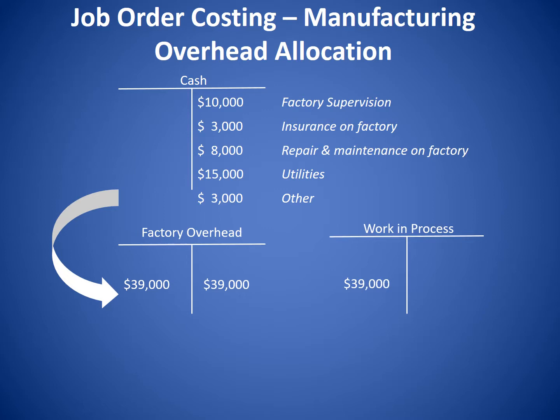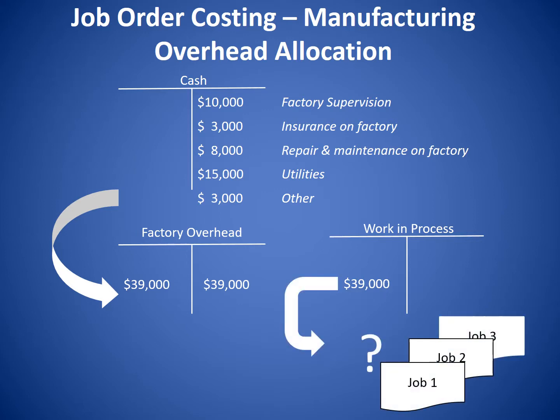Now I'm going to take the factory overhead that I have paid and debit it to work in process, because I have to allocate my factory overhead back into my jobs, especially under full absorption costing. So I credit my factory overhead out and debit it to work in process. With that, I have $39,000 of balance in my work in process account now.